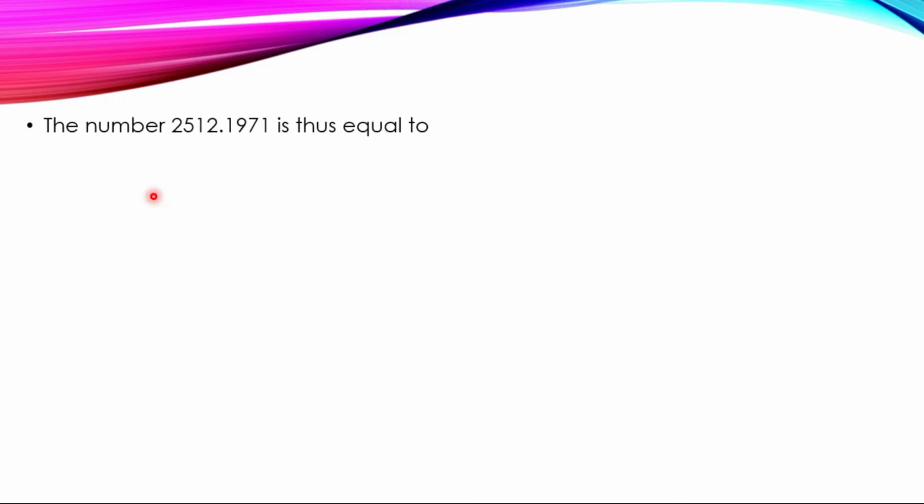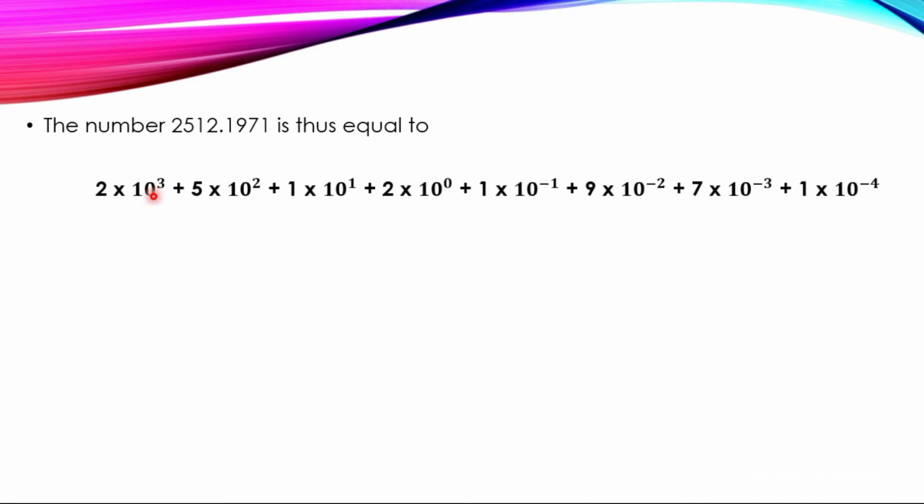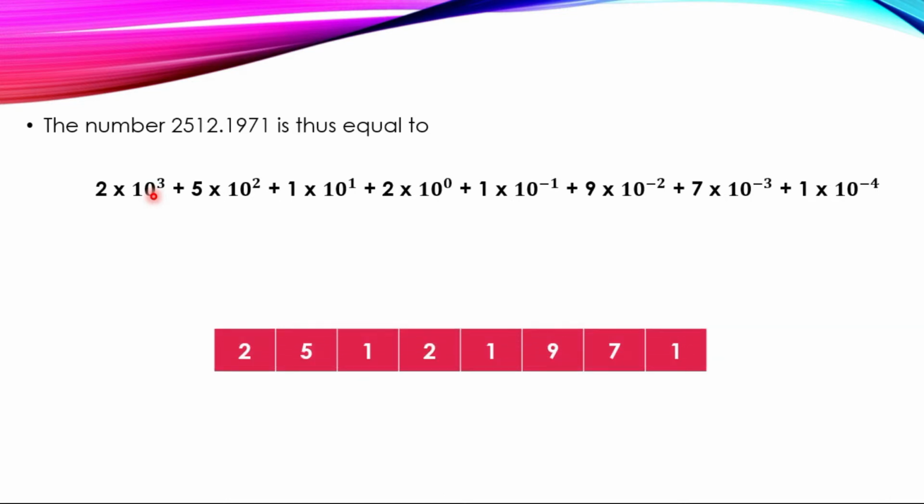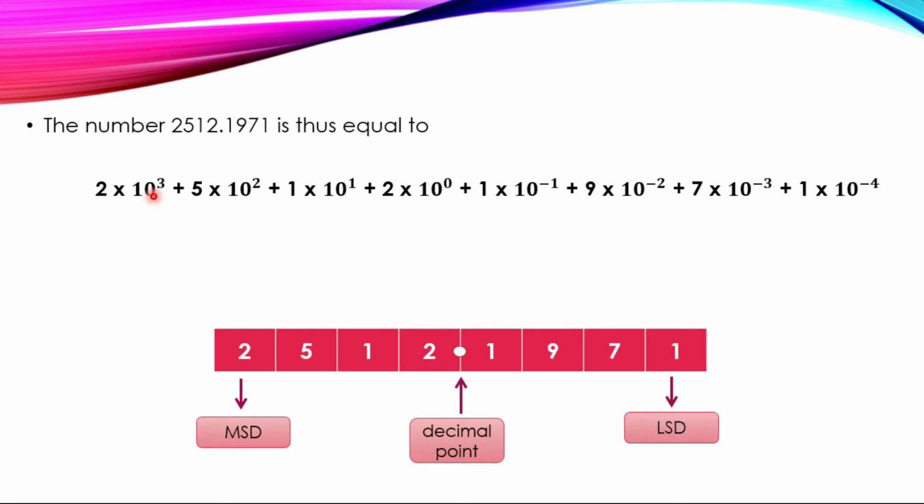We will see one example. The number 2512.1971 is equal to this. Now how are we getting this, we'll see. You can see here, this is the number and this is the decimal point. Here the first digit will be the most significant digit and the last digit will be the least significant digit, that is LSD.